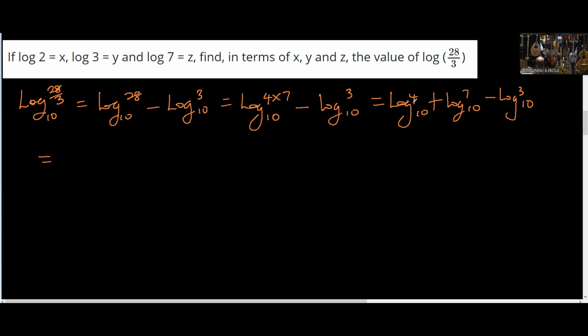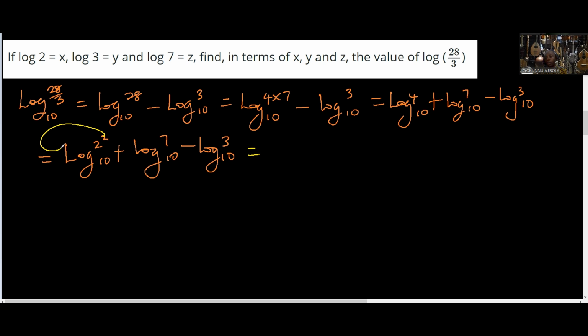And to the next line, 4 can be 2 raised to power 2, base 10, plus log 7 base 10 minus log 3 base 10. And finally, before we substitute the given values, this 2 is coming to the back, okay?